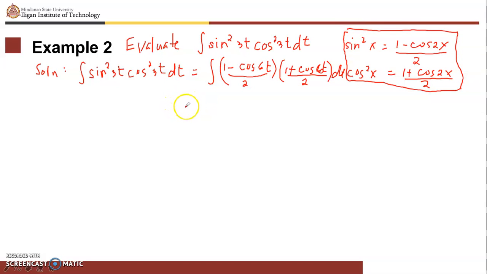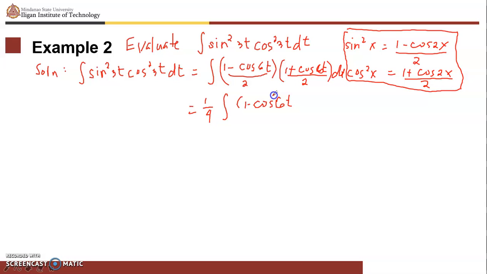So that should now give us, notice that you have over 2 here and over 2. So that's a constant, so you can take that out as 1/4. And what is left here is 1 minus cosine of 6t times 1 plus cosine of 6t. Because of this, you can make use of your special product formula.